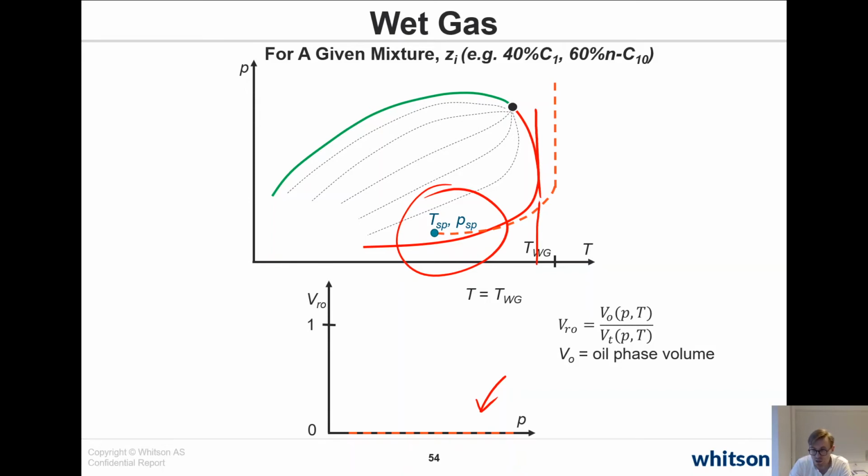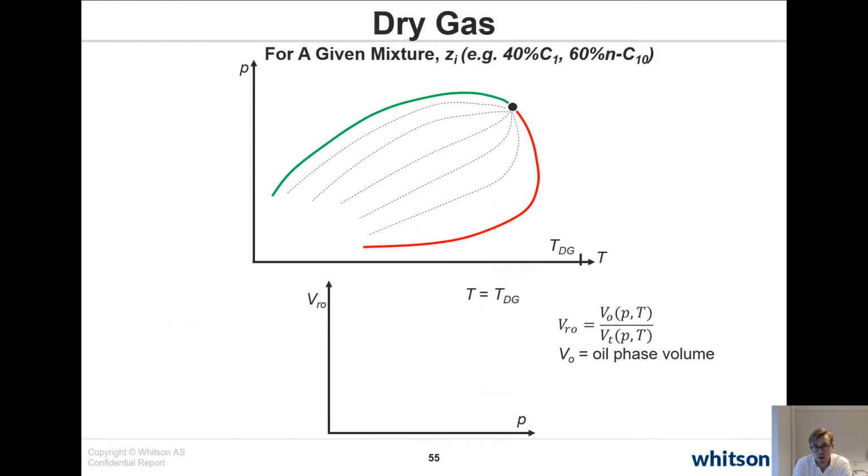So we have to produce condensate and we have to produce gas for it to qualify as wet gas. If the surface process is outside of this two-phase region, the phase envelope, it's characterized as a dry gas, which would be the case here, where we have surface conditions that are outside of the two-phase envelope, and the relative oil volume in the reservoir is still 0, as we see here, so the same as for wet gas.